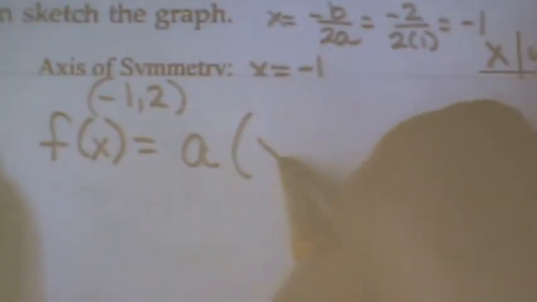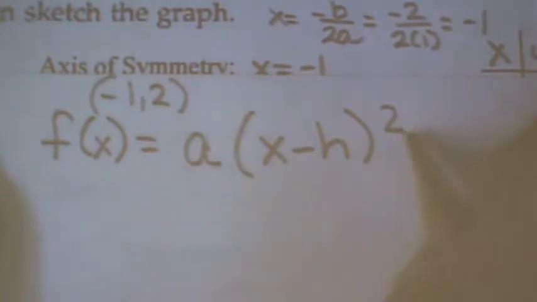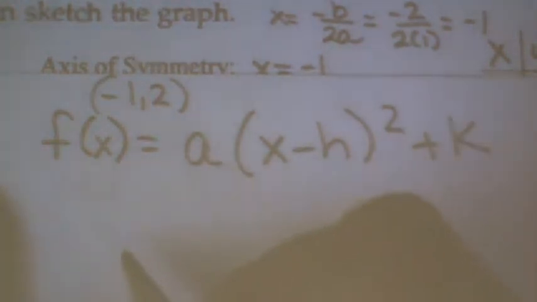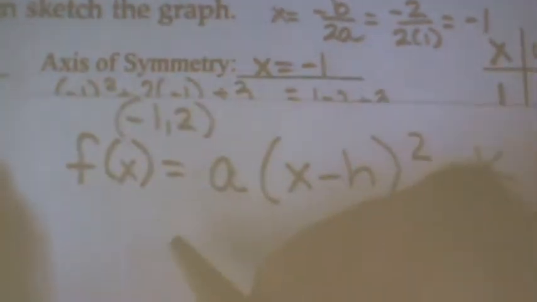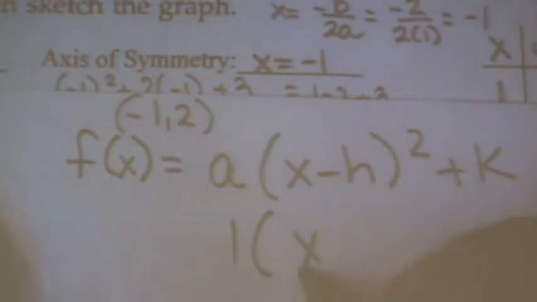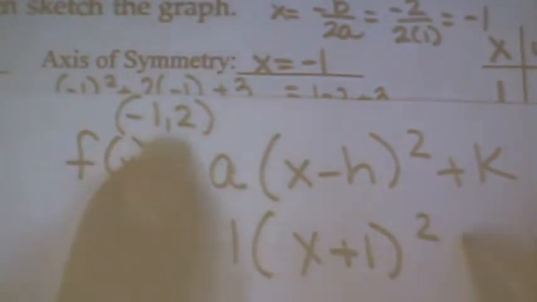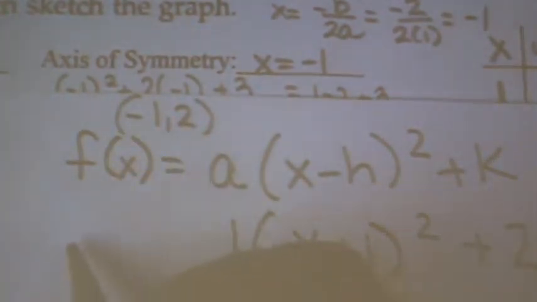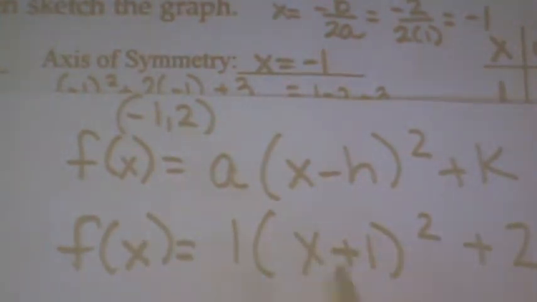So here is vertex form: a times (x minus h) squared plus k. How do you go from this form to this form? You need your a value, which is 1. You do the opposite of h, so it's plus 1 squared, and your k value is 2. So we just went from polynomial form to vertex form.